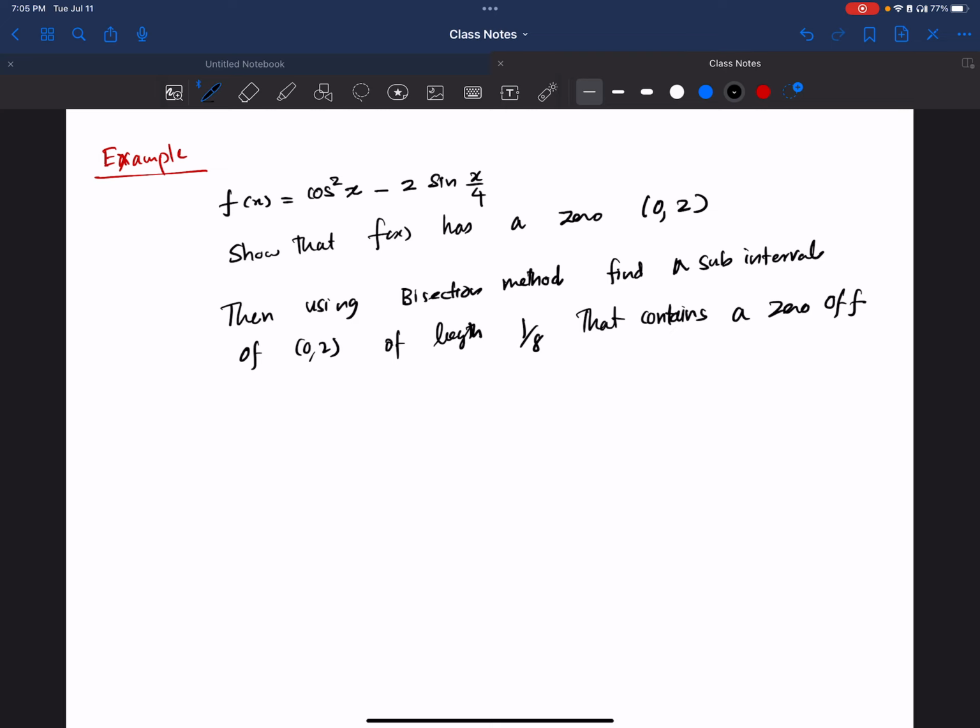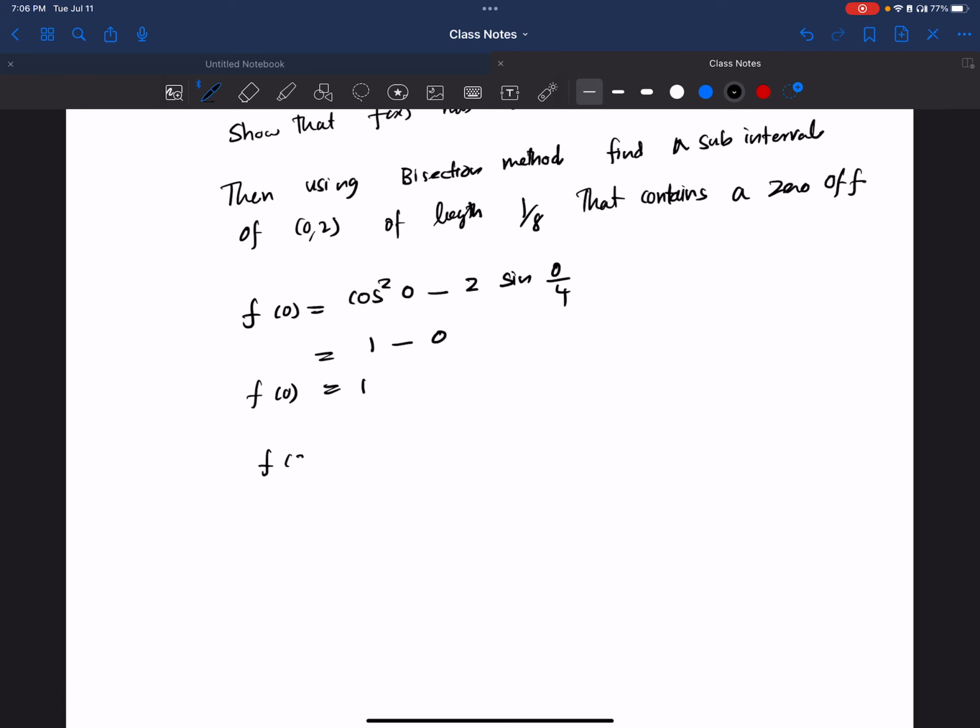Now first we'll prove that there's a 0 in between 0 and 2. So how do we prove? If f of x changes its sign within the interval, then there should be a 0, right? It's so easy. You find f of 0 first. What is f of 0? Cosine squared 0 minus 2 sine 0 over 4. Cosine 0 is 1, 1 squared is 1, minus sine 0 is 0, so f of 0 is 1.